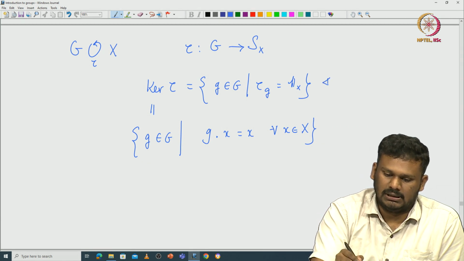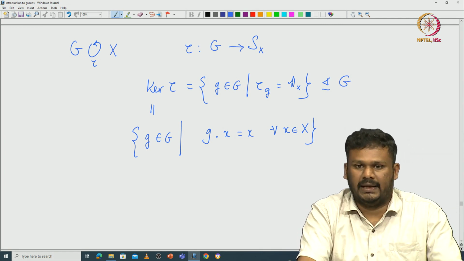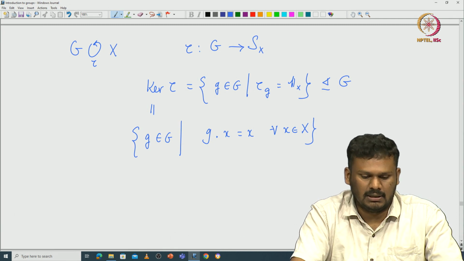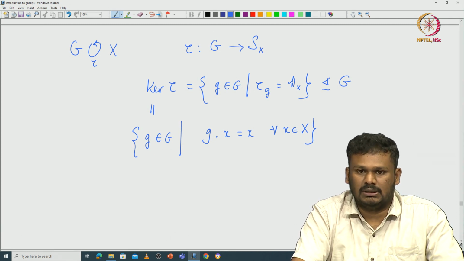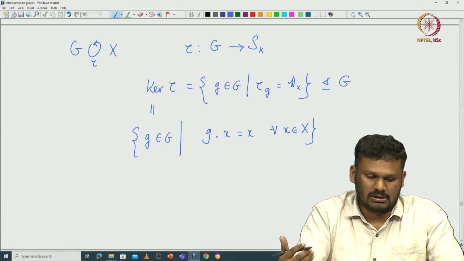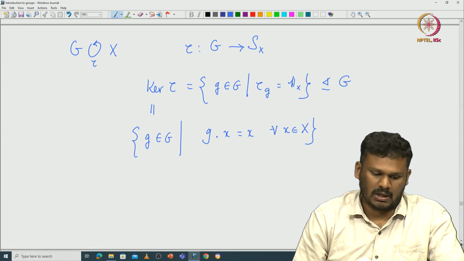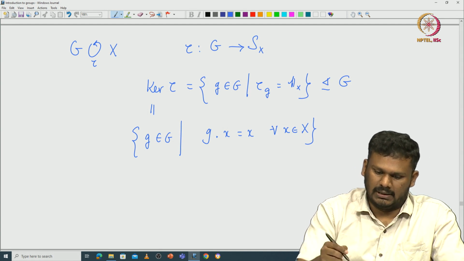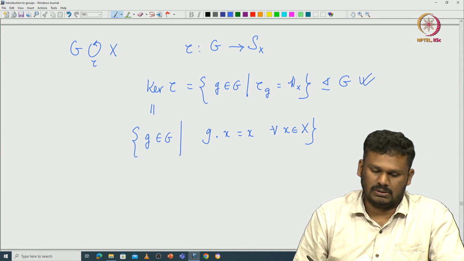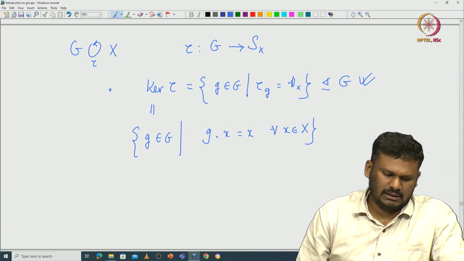Note that the kernel is a normal subgroup of G. Suppose you are able to produce a very nice group action on something, and whose kernel is non-trivial, then G must have a normal subgroup from that particular action. This is something very useful. This also we will use later.